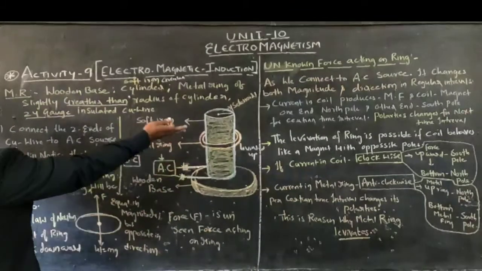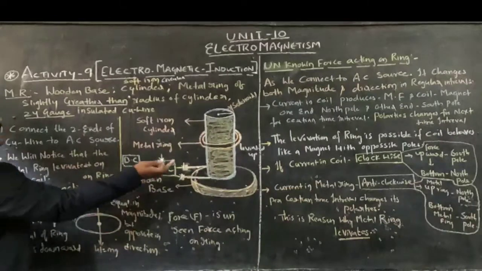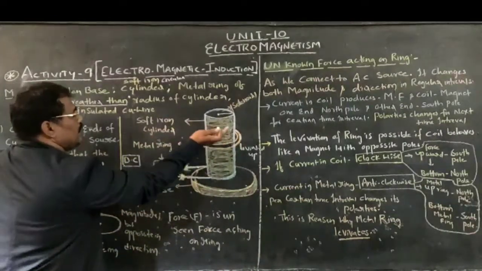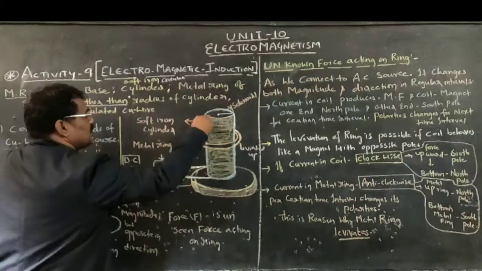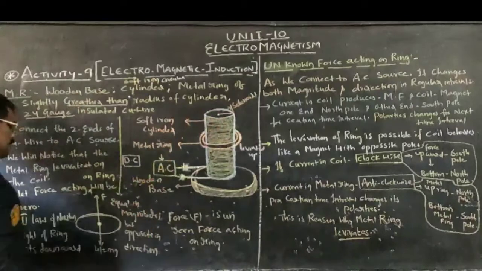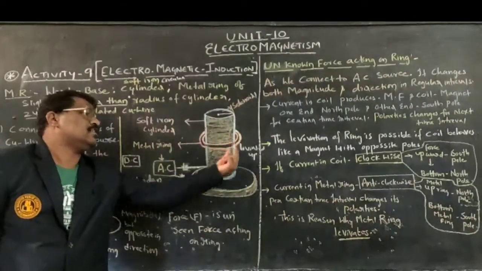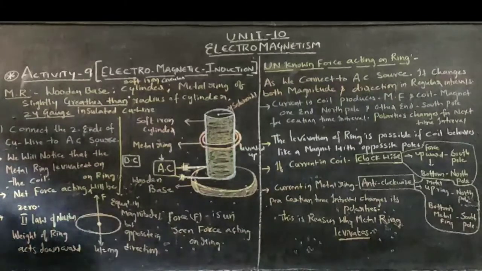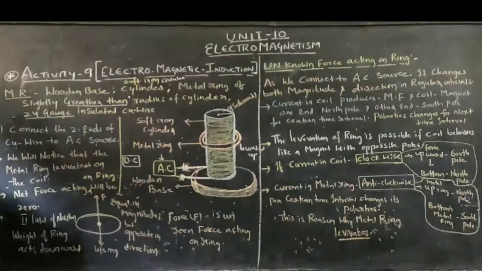Why is it rising up? When the metal ring rises, it is levitated and floats in air within a certain region on the soft iron cylinder. When the ring is levitated, what happens? The net force acting on the metal ring is equal to 0.